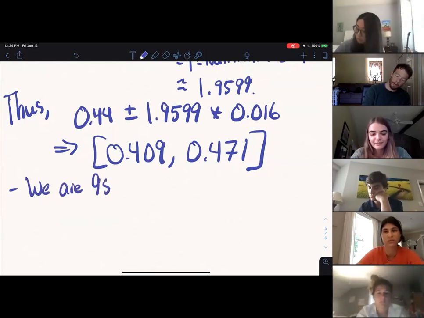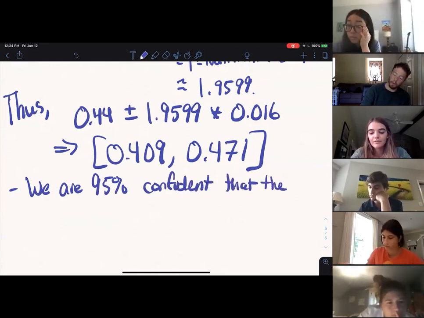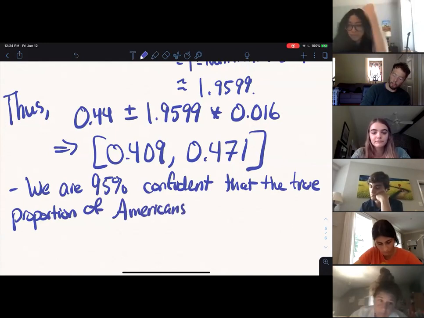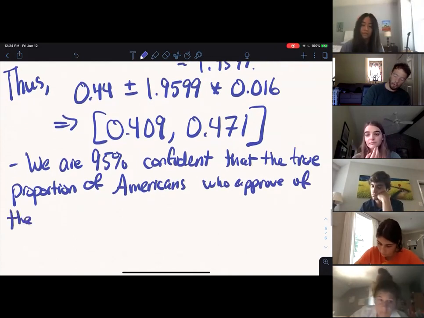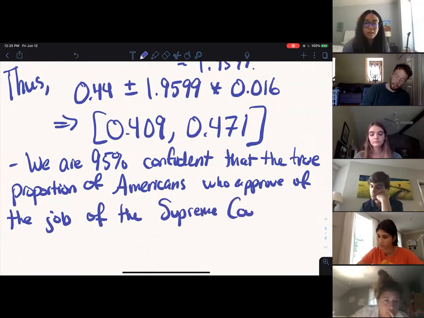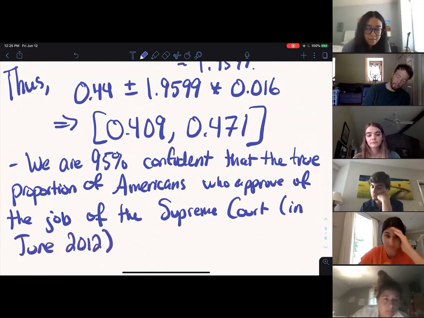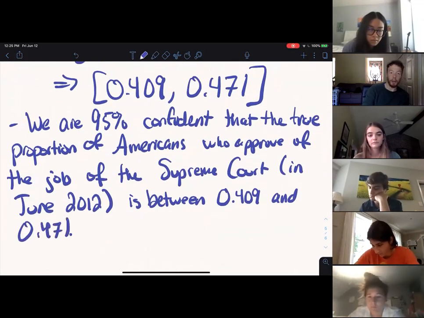We are 95% confident that the true proportion of Americans who approve of the job of the Supreme Court in June 2012 is between 0.409 and 0.471. Okay, so it has the same interpretation.